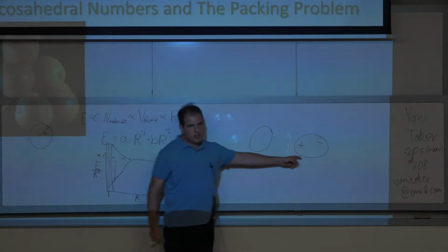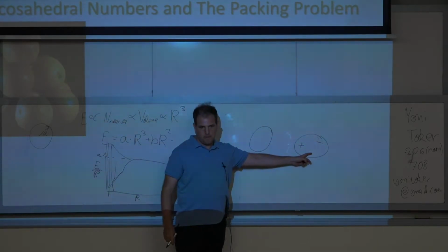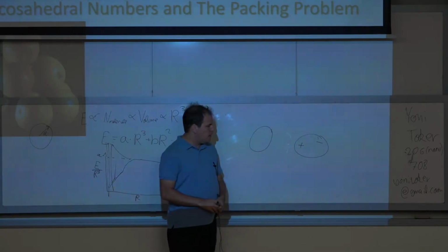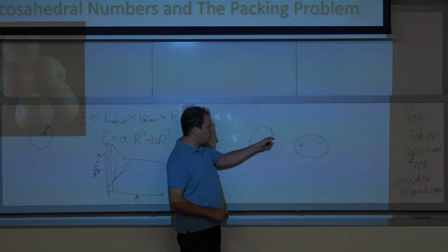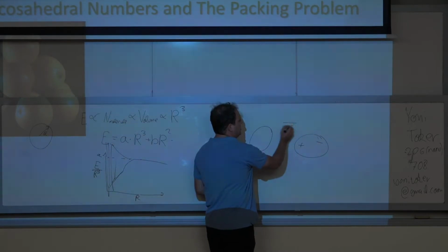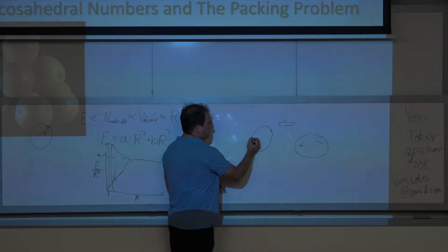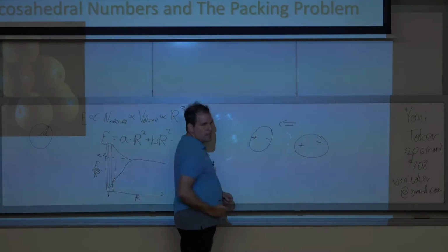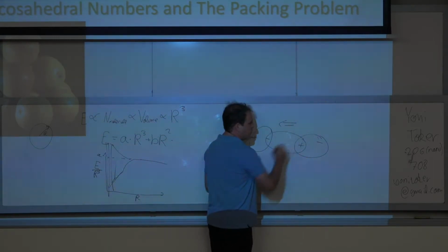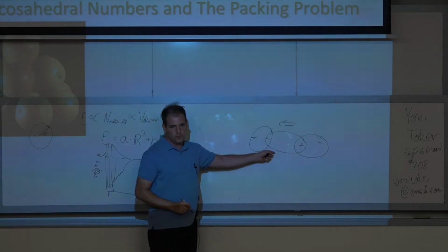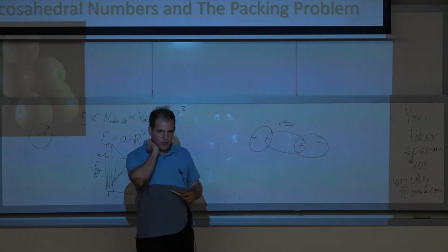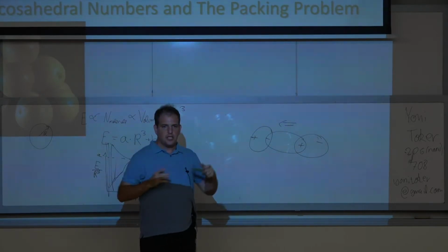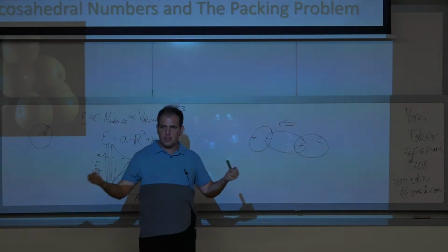So now this molecule has a dipole. Then there will be an electric field in this direction, which will push this plus in this direction and this minus in this direction. And now there is an attractive interaction between these two. So this is our picture view of a van der Waals interaction. It's very, very weak, but it's something that every two bodies have.